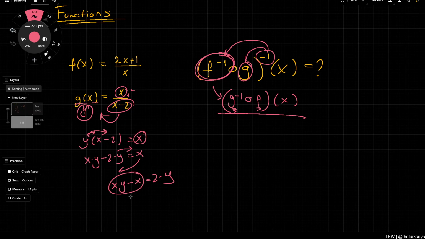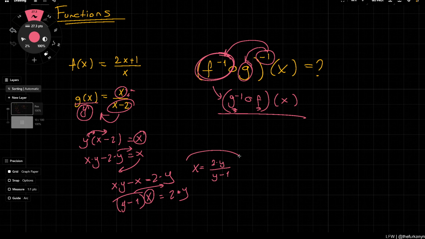Now let's do the parentheses method: x times y minus 1 equals 2y. We have x, but we want to take it alone, so we send this element over here. So x equals 2 times y divided by y minus 1. Then this is actually the result.